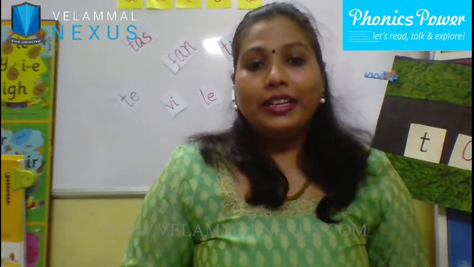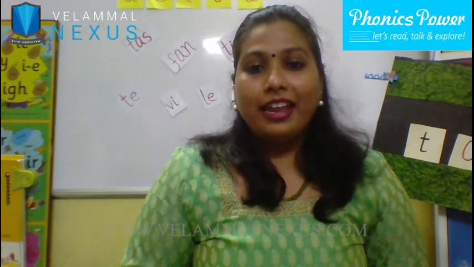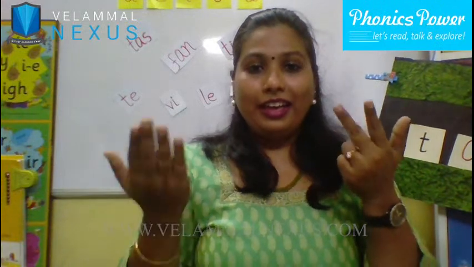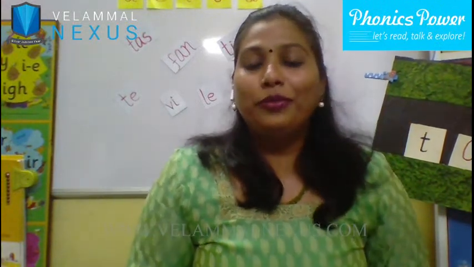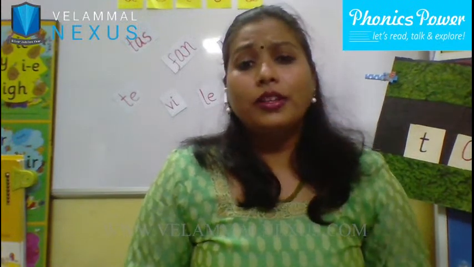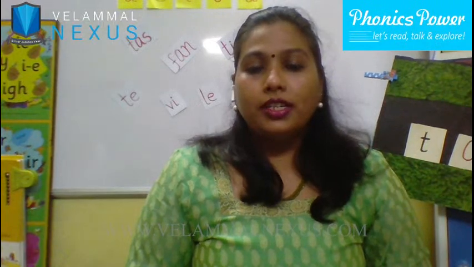So the next word is ten. Ten. What are the sounds in ten? Jump. T, e, n. Wonderful. There are 3 sounds in ten. So the next word is hot. What are the sounds in hot? Jump.